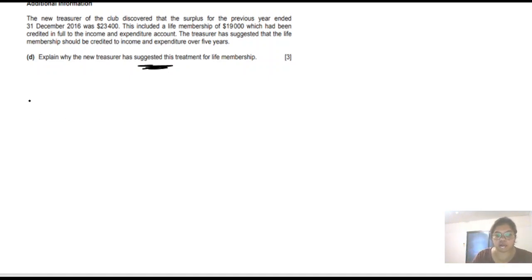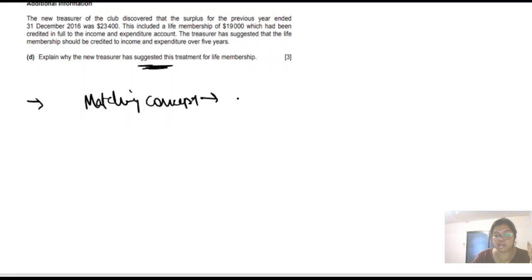So first of all, the life membership should be spread over the years. The member uses the organizational facility, as per our matching concept. Life membership is a kind of income which we use for the organizational facilities which the members are going to use.